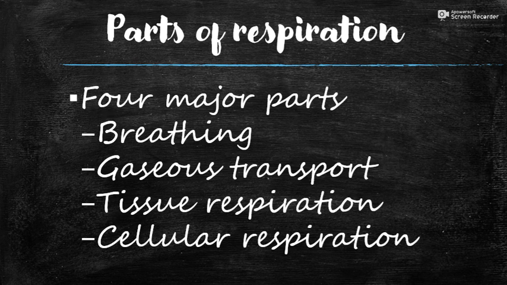Remember the structure of the lungs, which is covered with blood vessels. So when the lungs are completely dilated, the capillaries surrounding them allow the oxygen molecules to easily diffuse into the blood vessels.